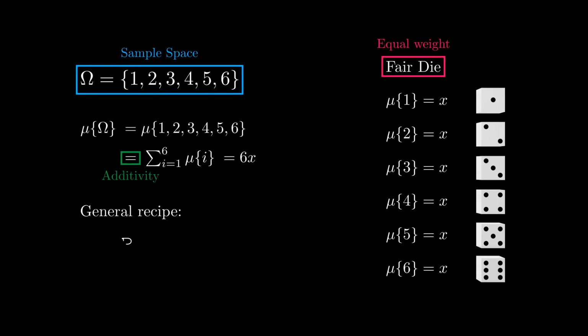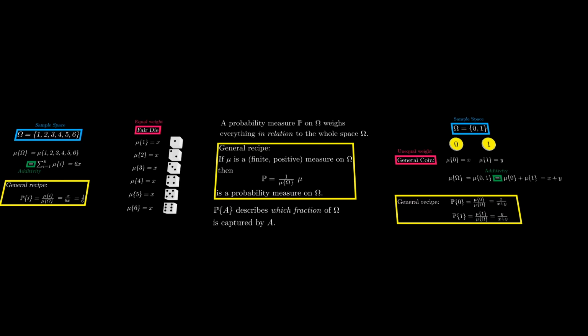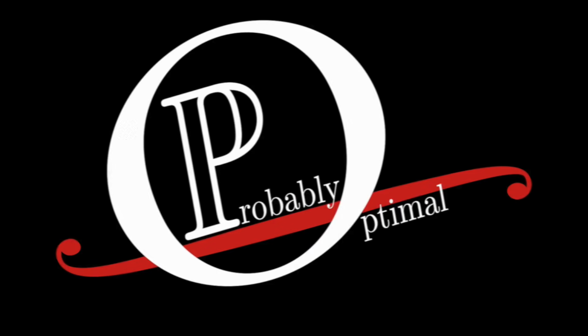Therefore, if we now apply our general recipe, we find that the probability of each single outcome is x divided by 6x, or simply 1/6. As before, you could find the probabilities for an unfair die, but I will stop here because this would get too messy for YouTube, I guess.